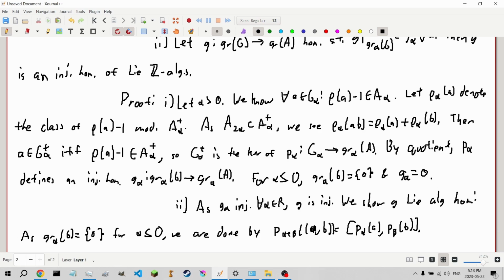Alright. And looks like we'll be finishing off this chapter today with integral central filtrations, which I think we have already mostly seen.